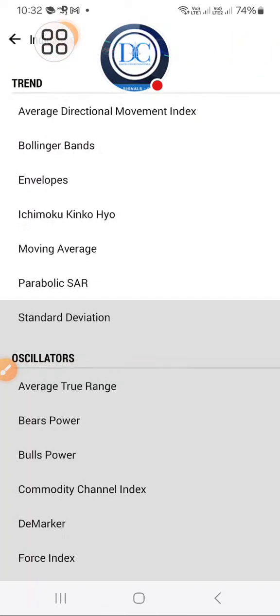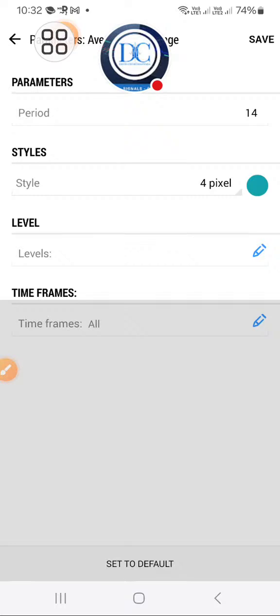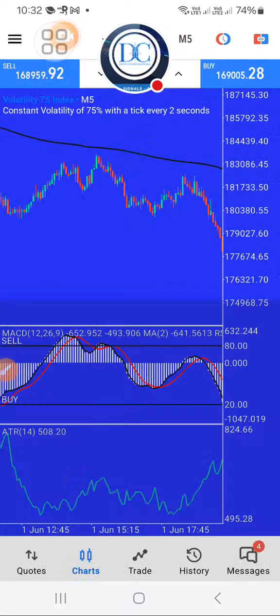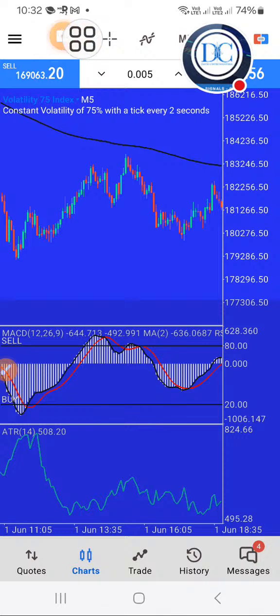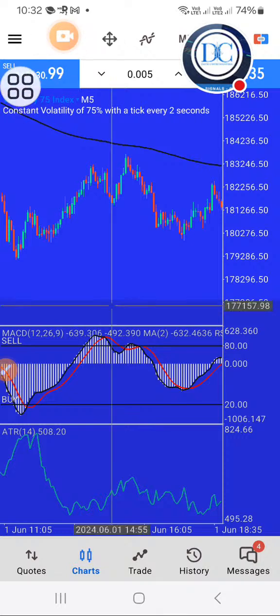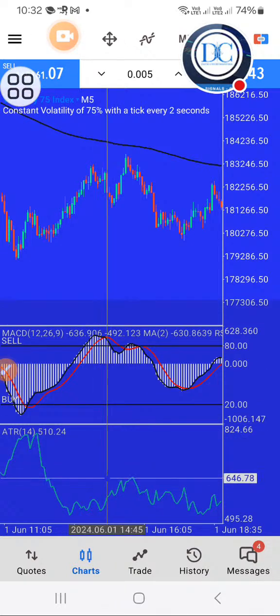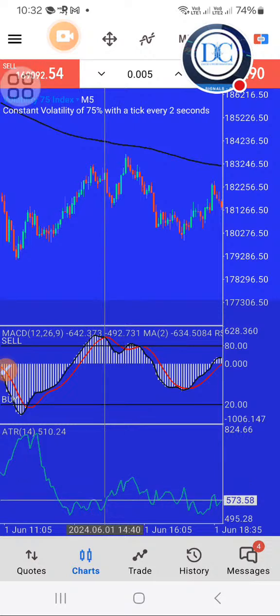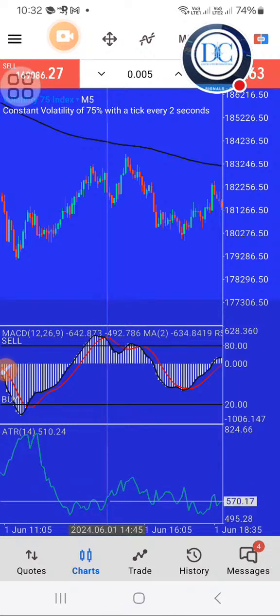Let's put our ATR here, average true range, and then we see what was going to happen in that particular area. Looking at this particular example, let me check the value of the ATR. We're going to enter our trade around this area, and it was 570. We multiply by 2.